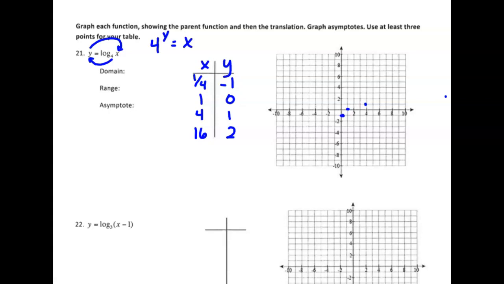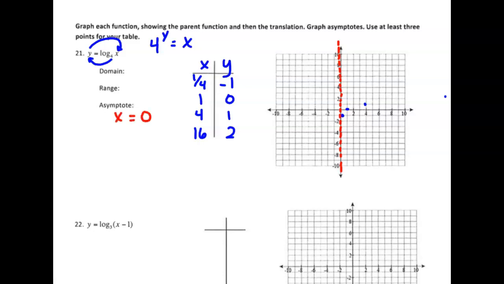Remember, for log equations, we can never take the log of a negative number. We can never take the log of 0. It has to be a positive number. So we have a vertical asymptote right here at x equals 0. And so my graph is staying to the right of that, coming up along it, and curving off to the right.